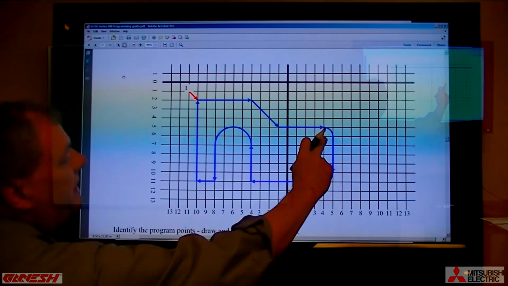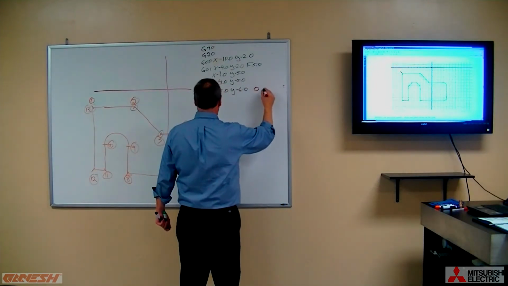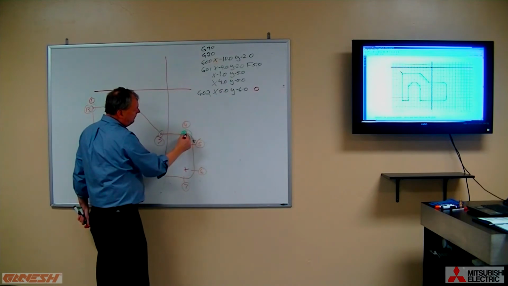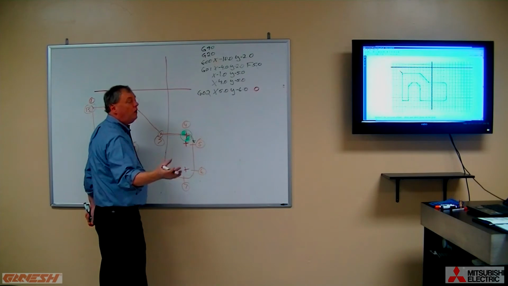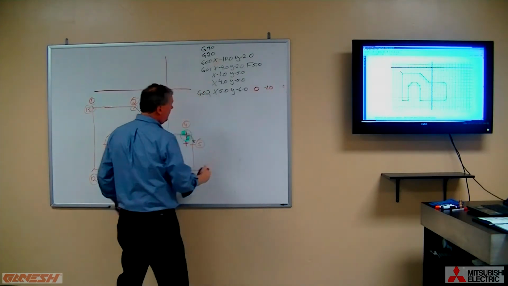So our center point in Y is at Y minus 6. But that's from this point. So from our temporary point, it's at Y minus 1, because it's a 1 inch radius.